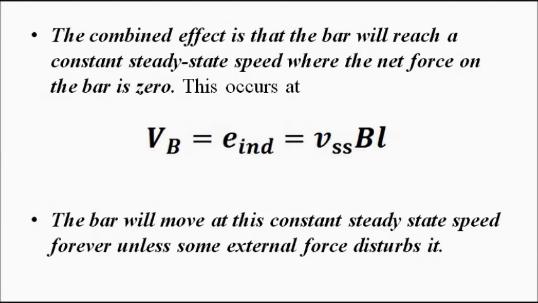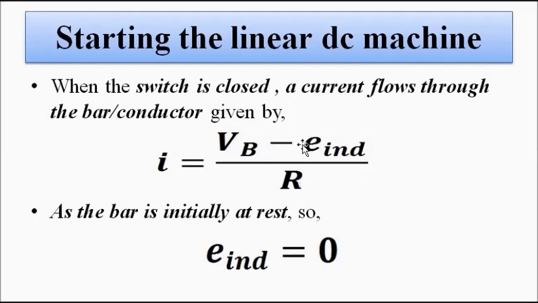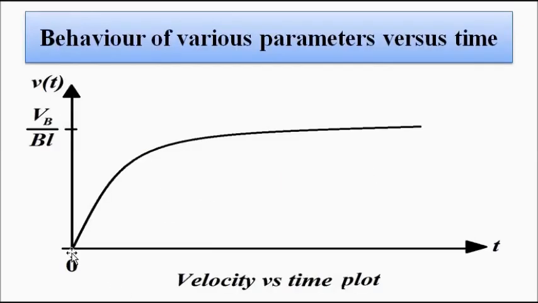Now there are various graphs associated with the various parameters with respect to time. First is the plot between velocity and time. Initially the conductor bar was at rest, so velocity was 0 at t equals 0.